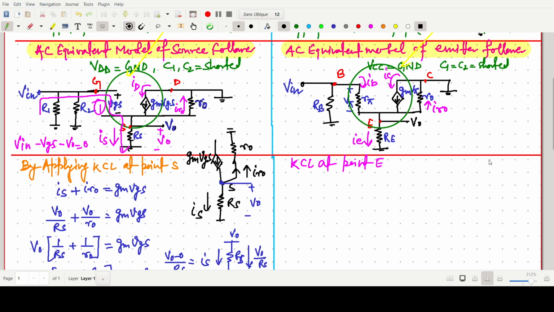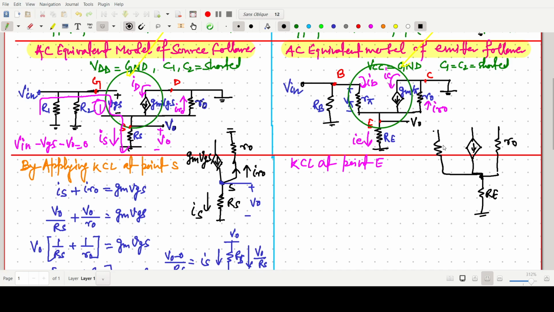Okay, what it shows is that through this RE some current is flowing. Then after, some current in this one, and some current is coming here, and one more current.